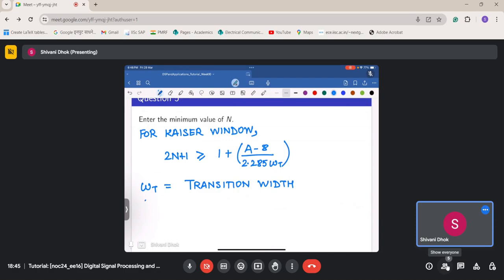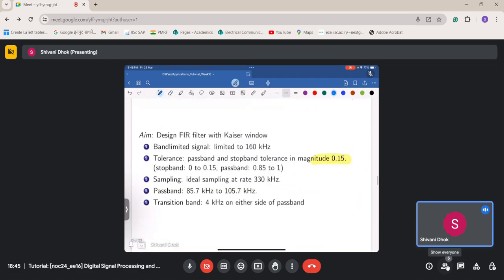And we know that this ft in the data which is given to us, this ft is 4 kilohertz on either side of passband, means the transition width is 4 kilohertz and the sampling frequency is 330 kilohertz.